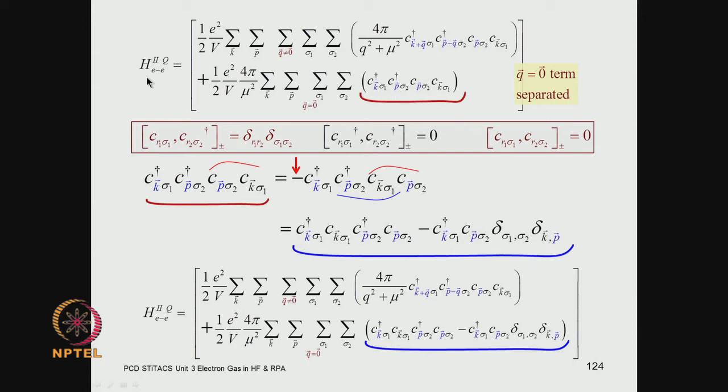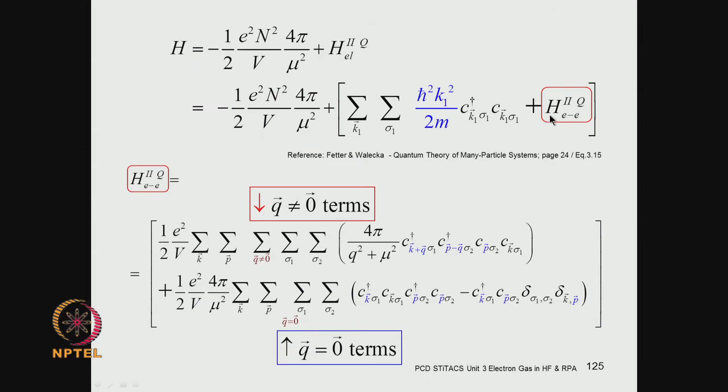The electron-electron Hamiltonian in the second quantized notation becomes: the first term is the same, which is 4 pi over q square plus mu square, with these creation and destruction operators. The second term corresponds to q not equal to 0, but the q equal to 0 term is now written in these 2 pieces. Okay? This is the complete picture.